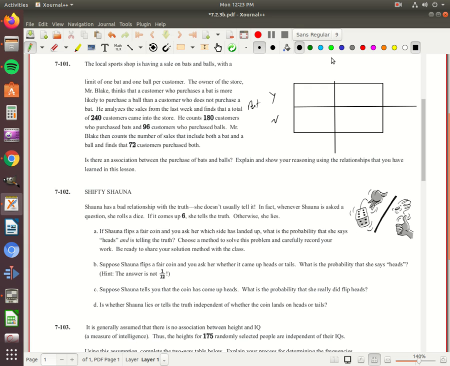Yes or no? And did you buy a ball? Yes or no? He analyzed the sales first week, found 240 customers came into the store. 180 purchased bats, but it doesn't say anything about balls, so it must be a total. 96 balls, doesn't say anything about bats, so it must be a total.